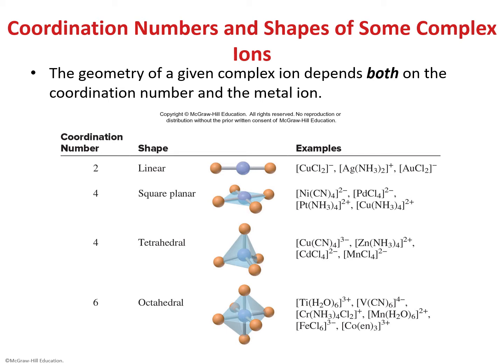If it's 6, it would have a geometry of octahedral structure, and here are some of the examples. So you should just know, if it's 2 coordination number, it's always going to be linear. If it's 6 coordination number, it's always going to be octahedral. If it's 4, it can be between square planar or a tetrahedral structure. Square planar is usually, now let's not get into it right now. If we want to discuss it, we'll discuss it later in the slide.